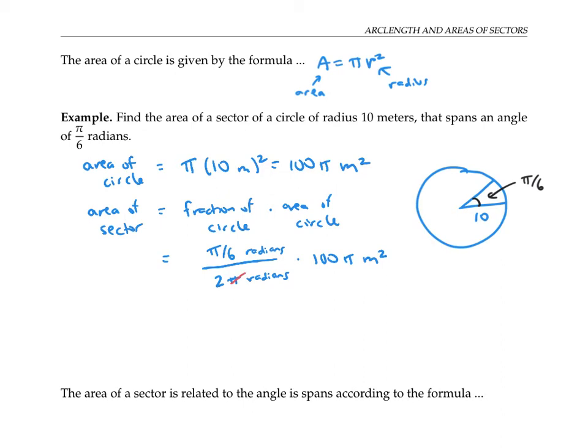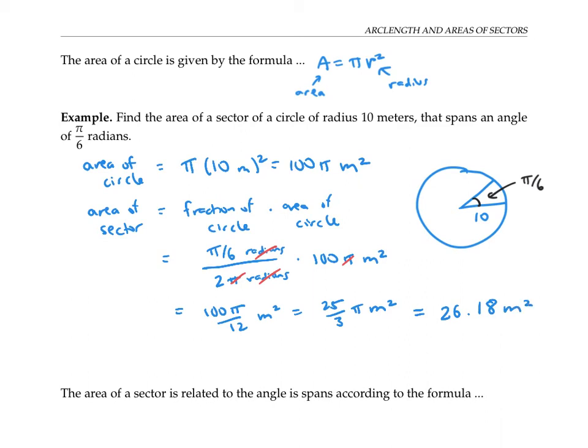That simplifies to 100 pi over 12 meters squared, or 25/3 pi meters squared. As a decimal, that's 26.18 meters squared up to 2 decimal places.